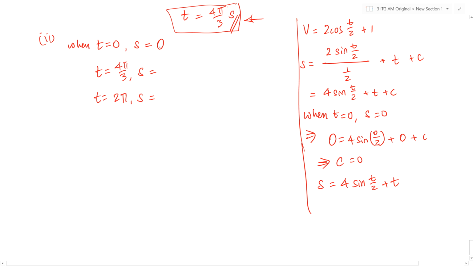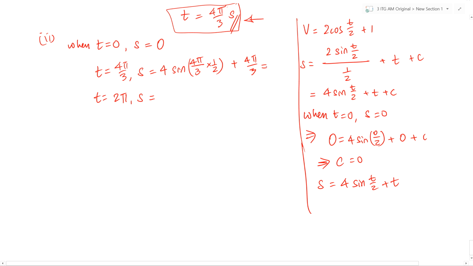S is 0. Next, when t is 4 pi over 3. Okay, so we divide by 2, then we plus another 4 pi over 3.